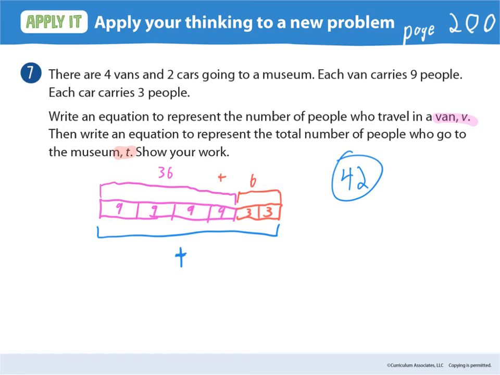For an equation for something like this, there's a couple different ways we could do this. But we know that the van is going to be 4 times 9. And we know the T, which is all of this, the T is going to equal the van plus how many people are in the car, and that's 2 times 3.